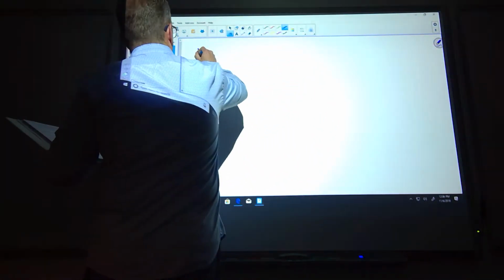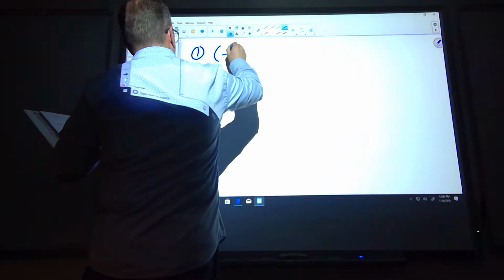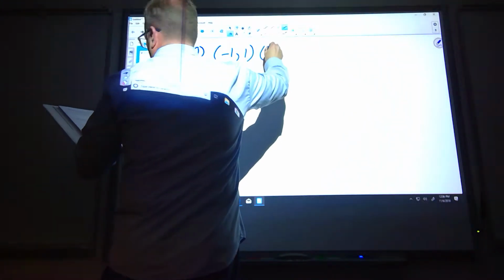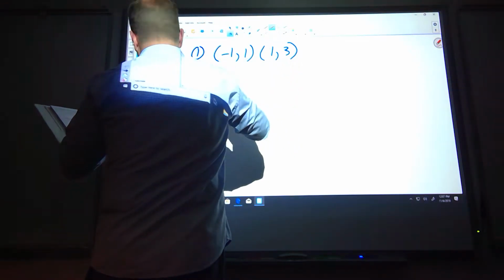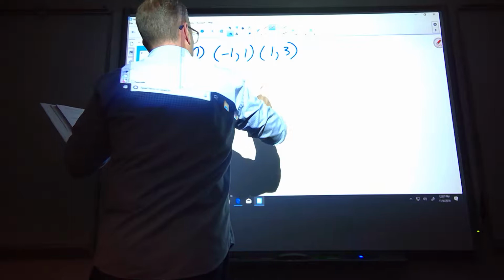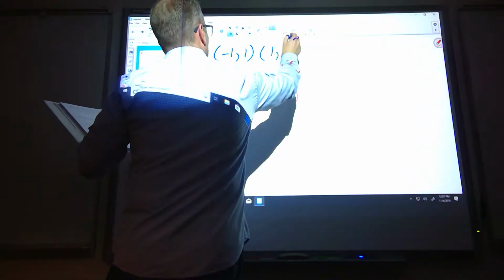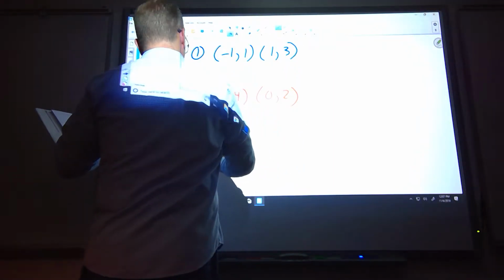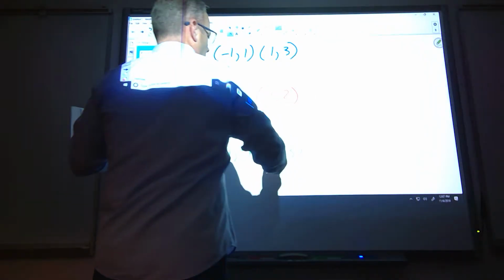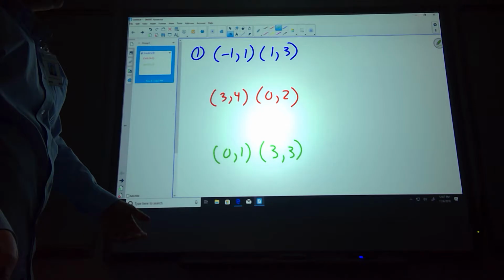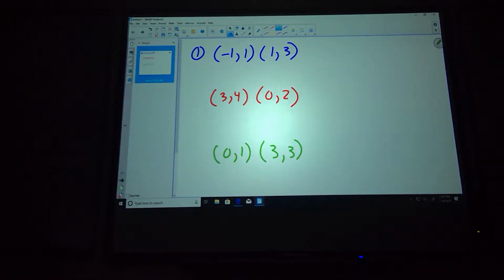There was problem number 1, and feel free to copy down, make changes, correct anything you need to. We have these 3 equations, our 3 sets of points.